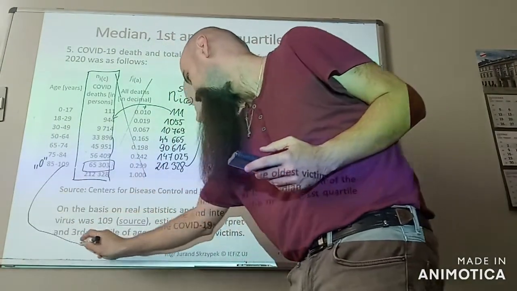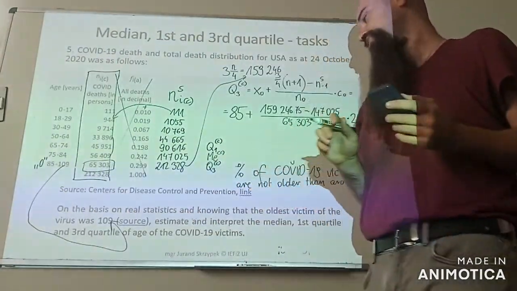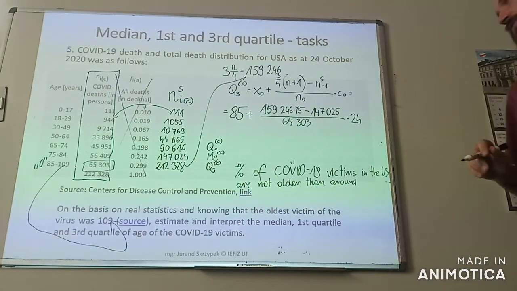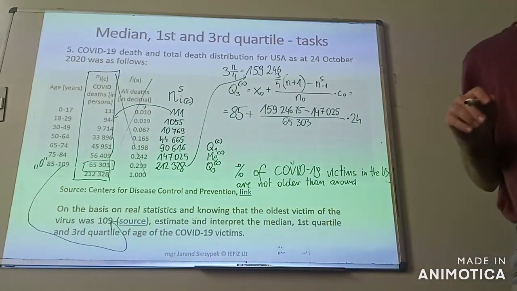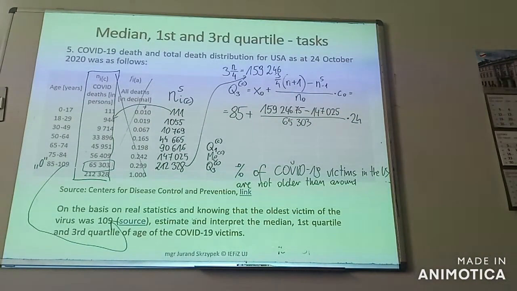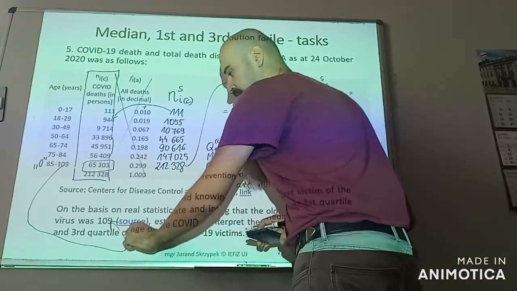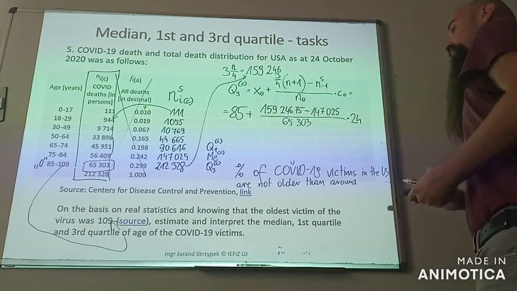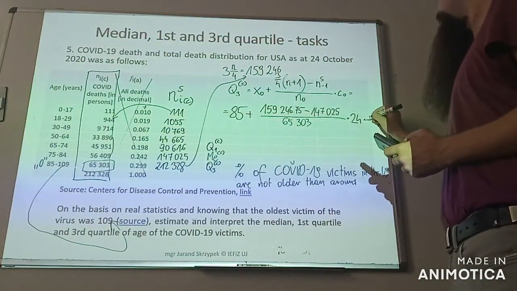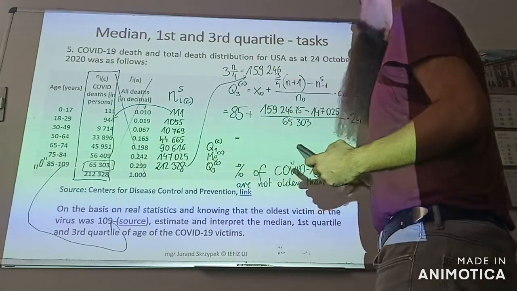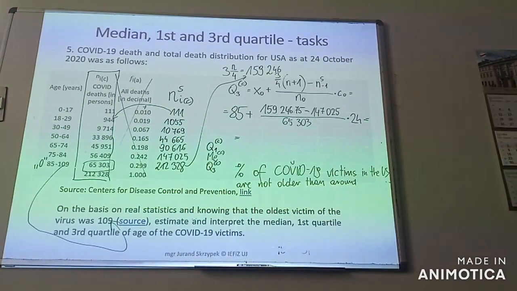Here we have the information about the oldest victim of the virus. It was 109. You can check it out. Here you have an appropriate source. Okay, so we can give here the final result.